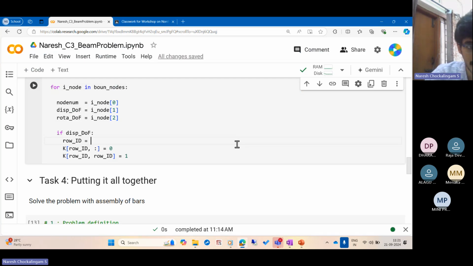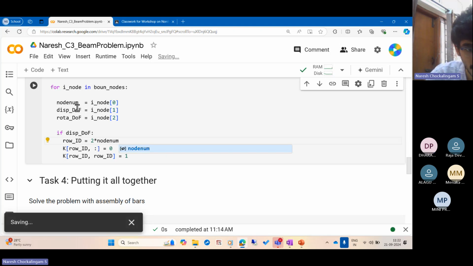Now I'm looking at the node, where the global node number is node number. Corresponding to that, if displacement degree of freedom is restrained, which row should I make 0? It is 2 times node number.